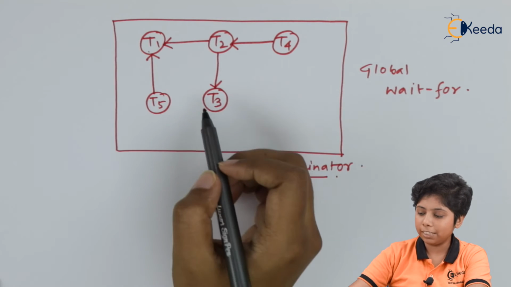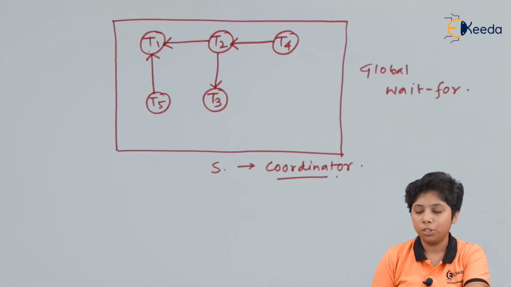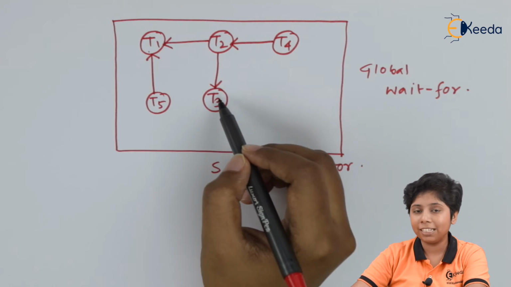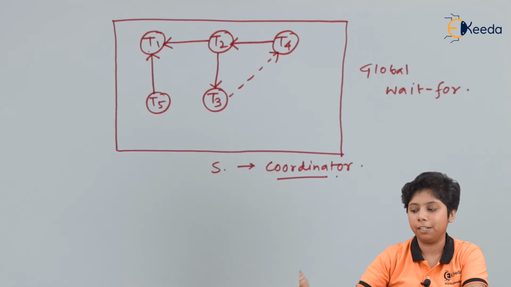Now we can see that T3 is involved in our local wait-for graph at S2, where it waits for T5 too. Now T5 is waiting for T1, so there is an inherent path from T3 to T4 in this cycle.